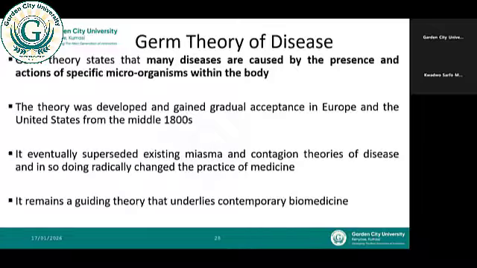So before disease can occur, these organisms must have access to the body. And gradually it became accepted and then ruled out the miasma and the spontaneous generation theory in Europe and then other parts of the world. And to date, we rely on the germ theory to control infections.